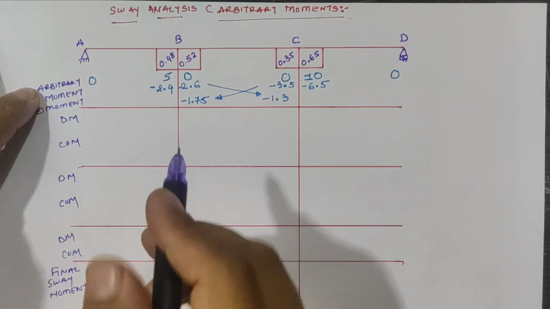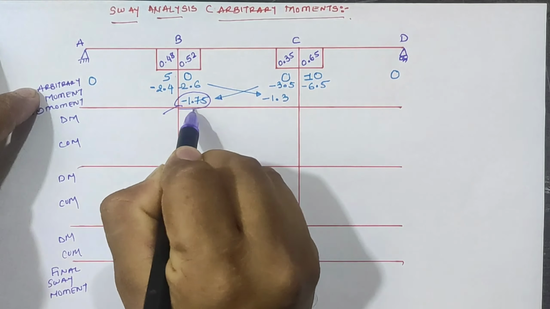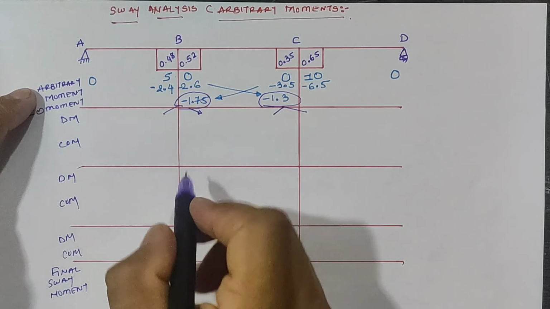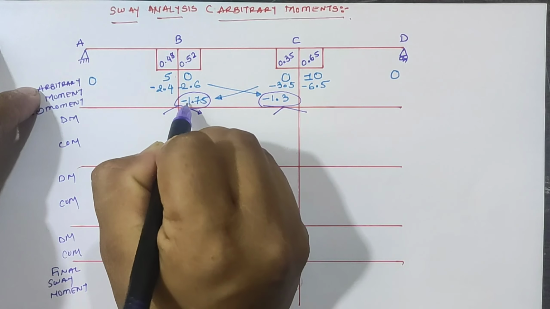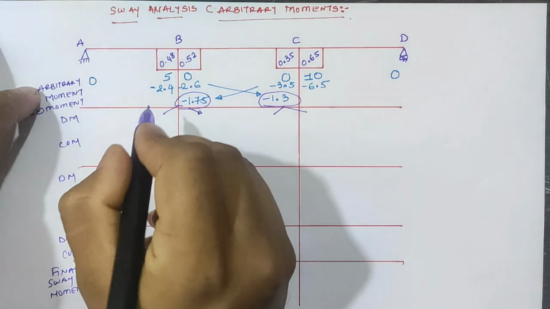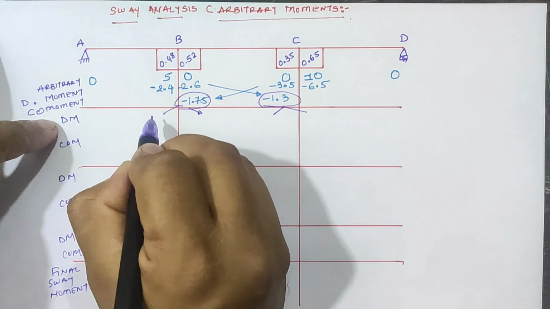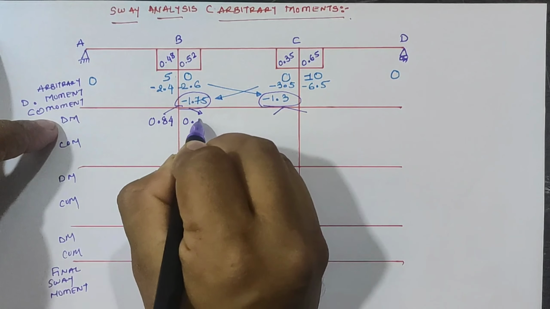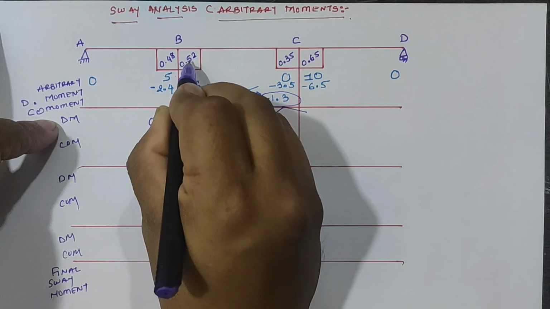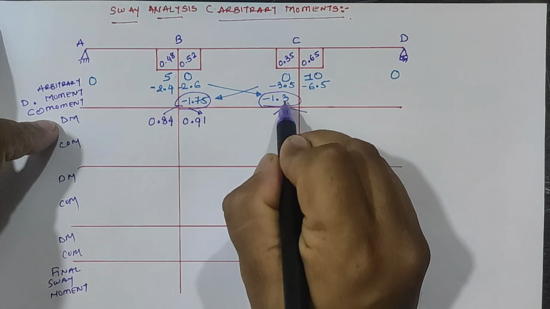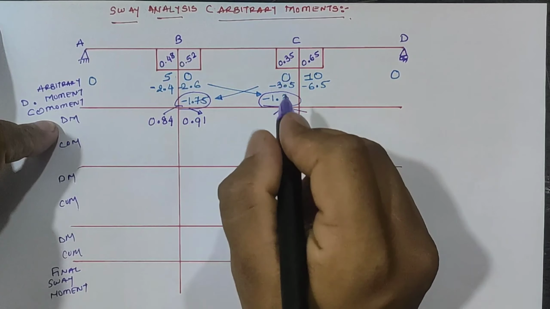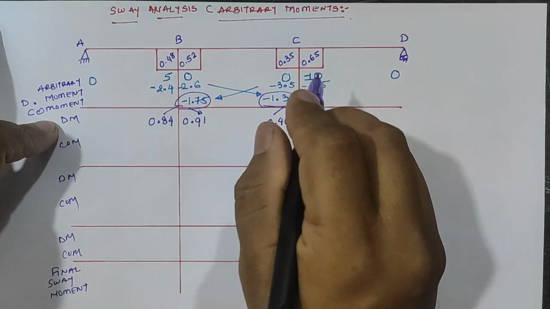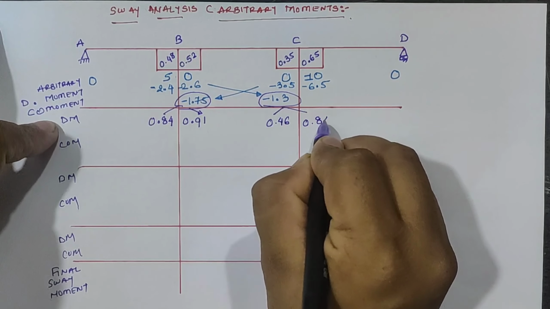For the next step, this value is distributed at the next joint. Minus 1.3 is distributed at joint C. So minus 1.75 into 0.48 as a distribution moment is equal to 0.84, and 0.91 as 1.75 into 0.52. Similarly, 1.3 into 0.35 is 0.46, and 1.3 into 0.65 is 0.84.